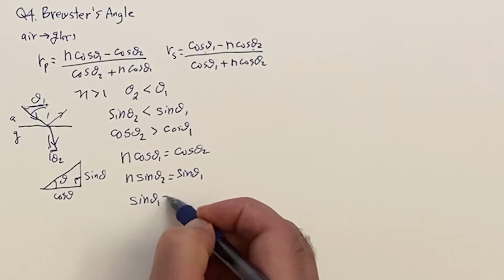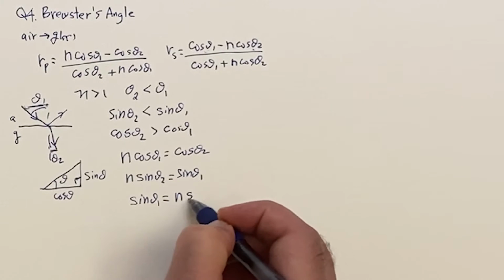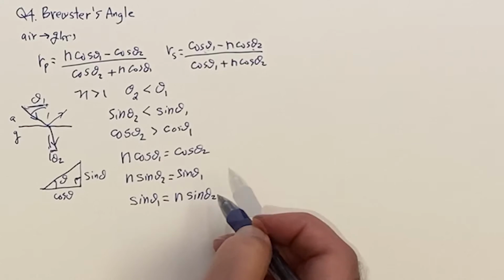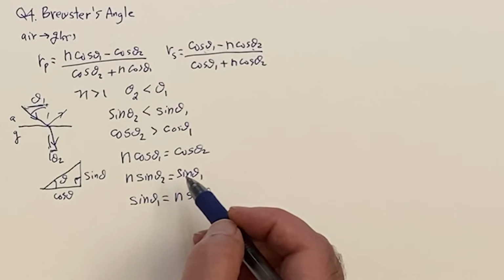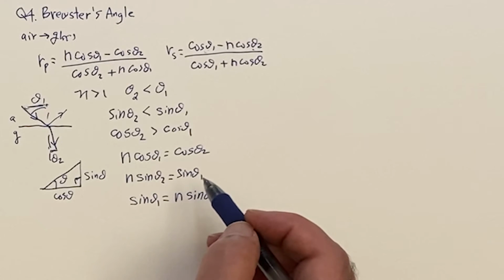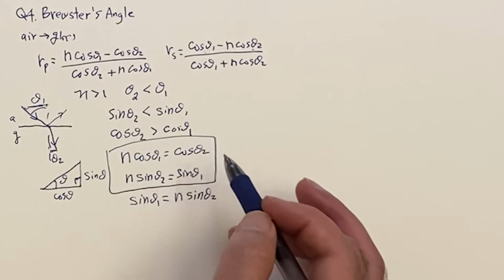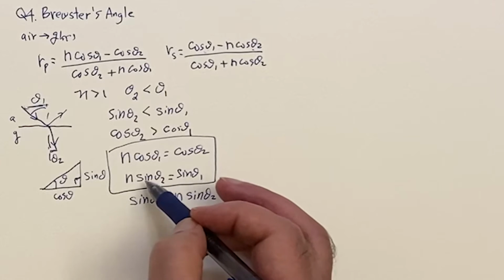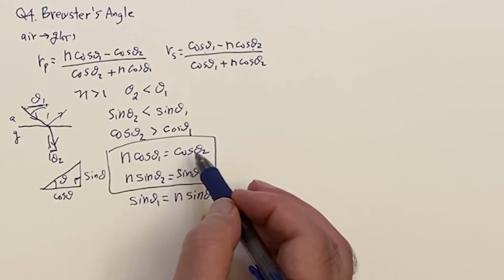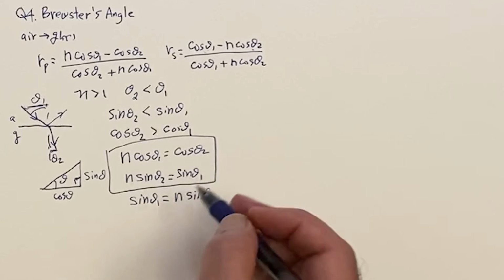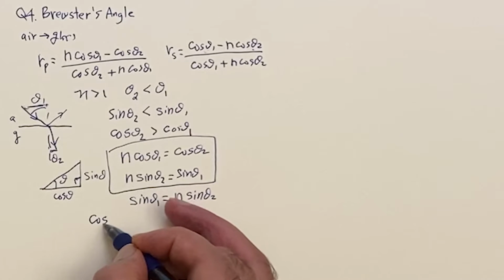Sine of theta 1 is N sine of theta 2. Actually, I like this form better, because it suggests that if I divide this equation into that equation, left and right sides, the Ns go away. I like that. So cosine theta 1.